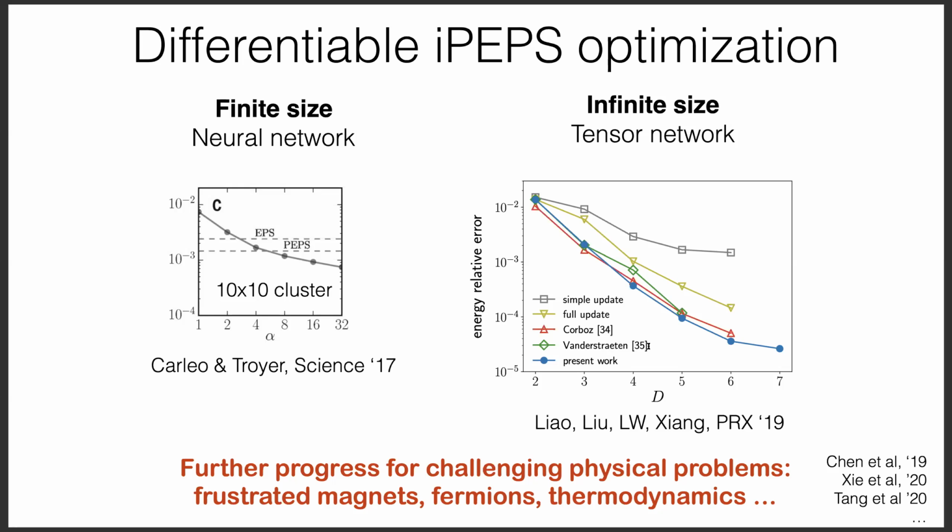Actually, there were already a few papers applying this idea to quantum Monte Carlo. We know that the average sign in a Monte Carlo simulation is basis dependent, right?